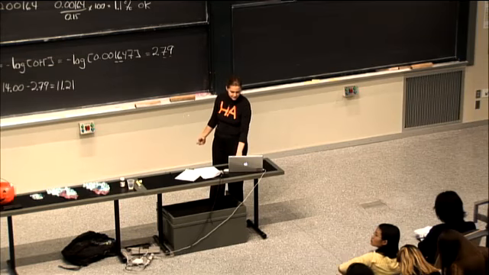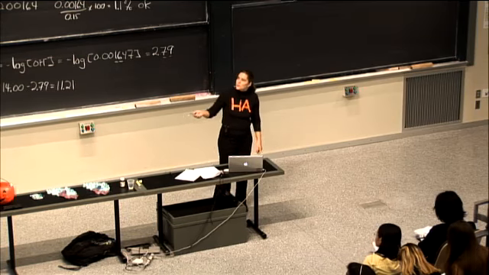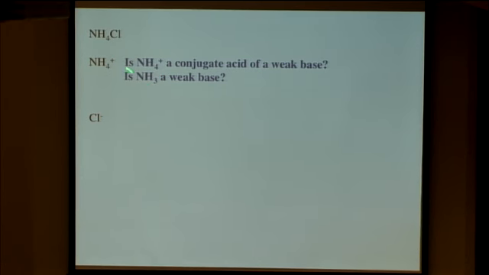So we can break this down and think about where a salt like this would have come from. So it would have come from NH4+, and it would have come from Cl-. So NH4+, let's think about where this came from. So we want to ask the question, is NH4+ a conjugate acid of a weak base?